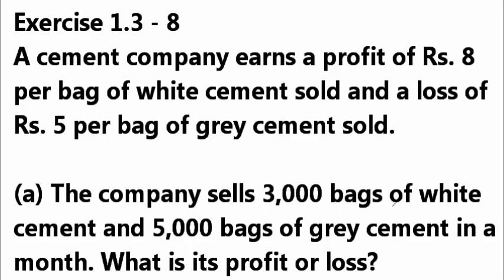A cement company makes profit of rupees 8 per white bag sold, while it makes a loss of rupees 5 per gray bag sold.